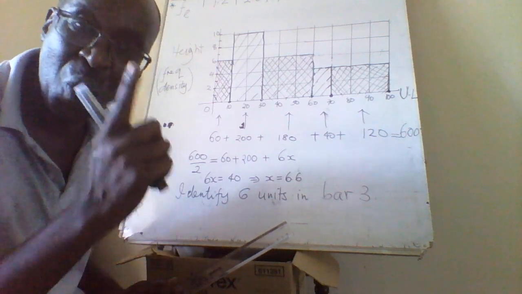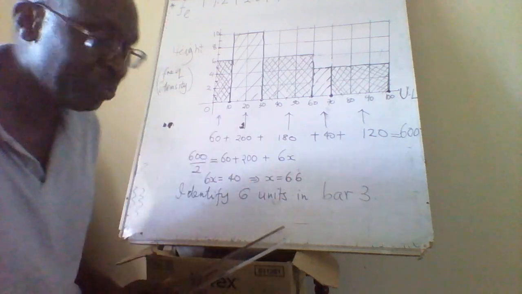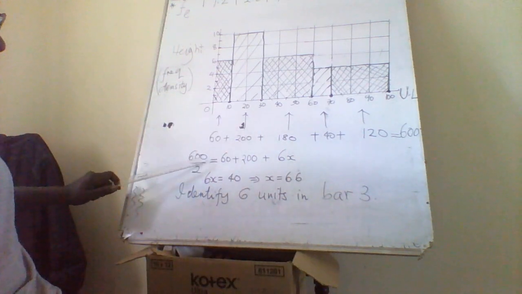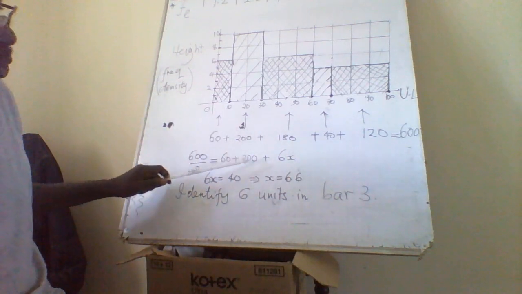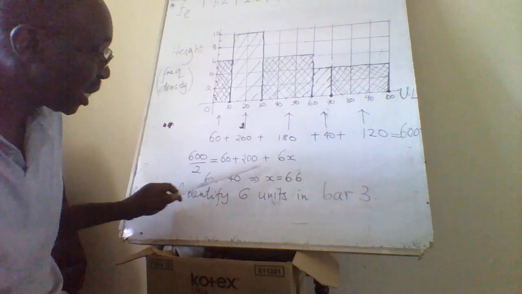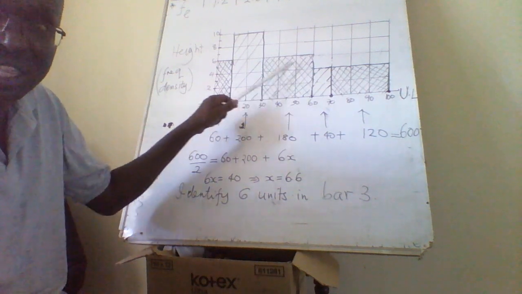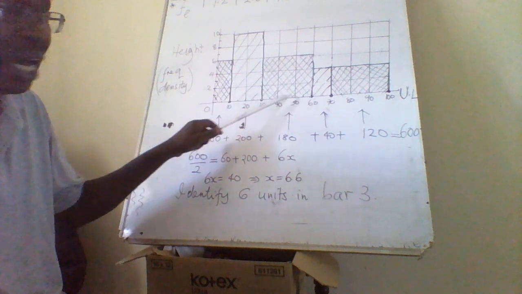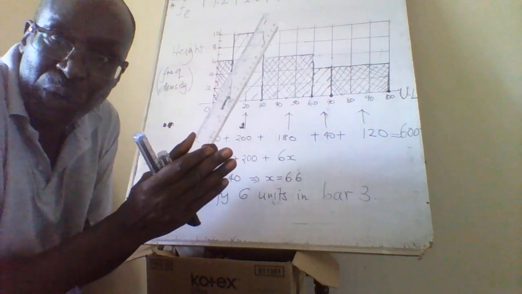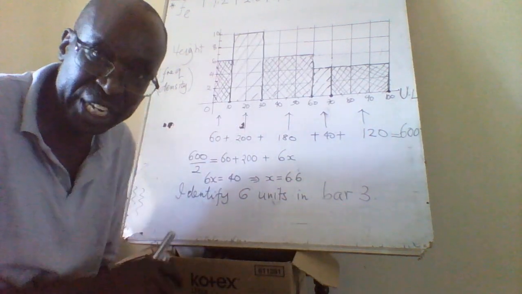So I write 60 plus 200, those ones will be included because they give me 260. Then I need a small portion of the third bar, this bar. I need only a small portion. I add it to the previous two to give me 300.